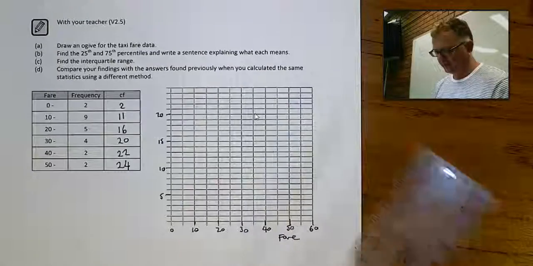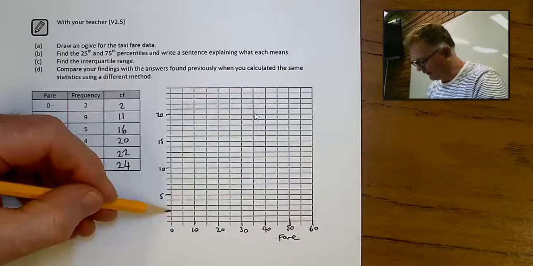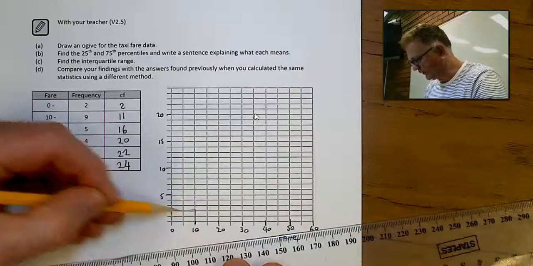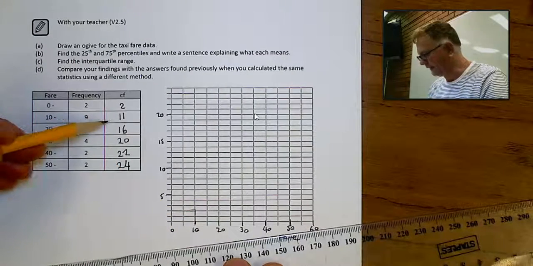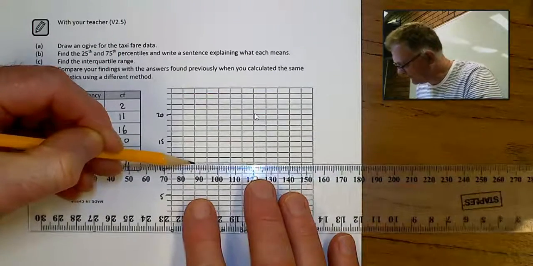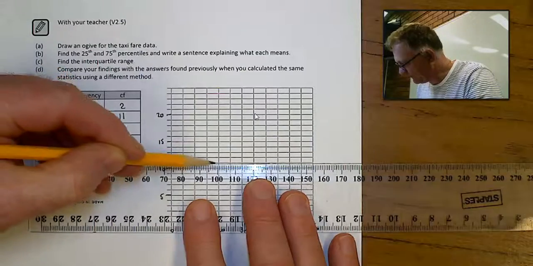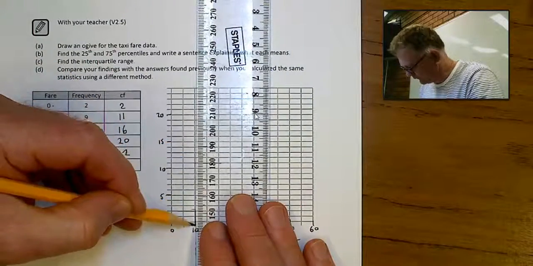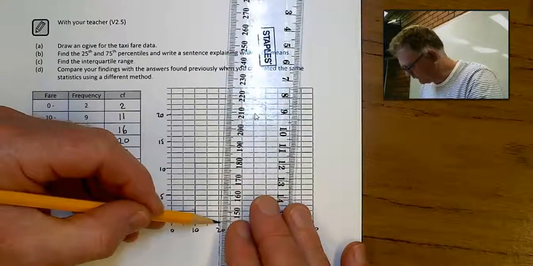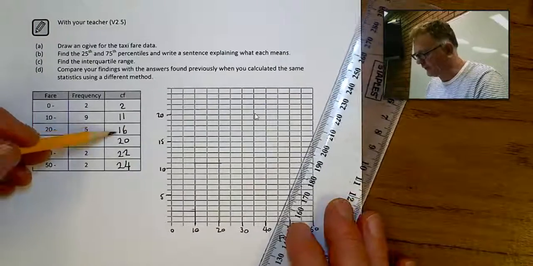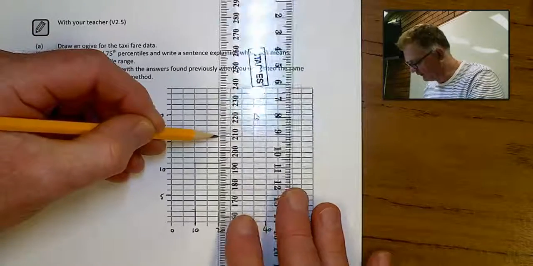So from 0 to 10 we had 2, and then from 10 to 20 we had, by that stage, counted 11 scores. So that will take us up to 11. By the time we finished the next group, we had accounted for 16 scores.